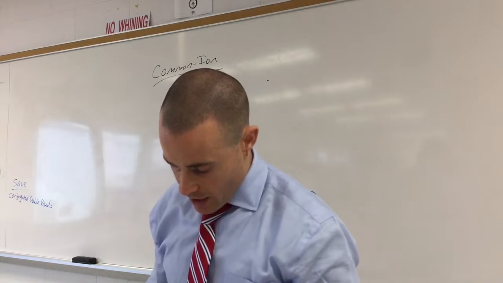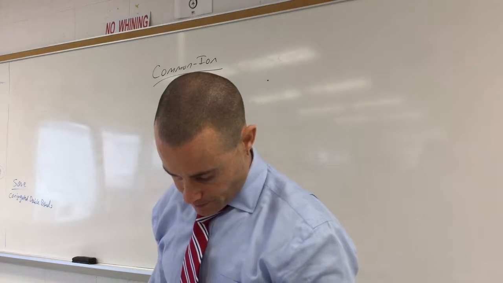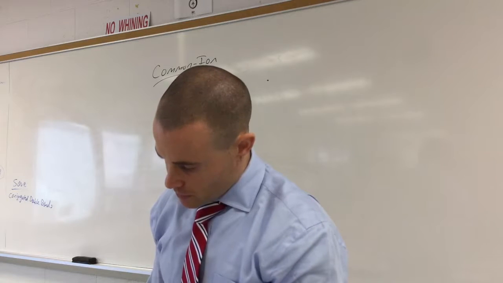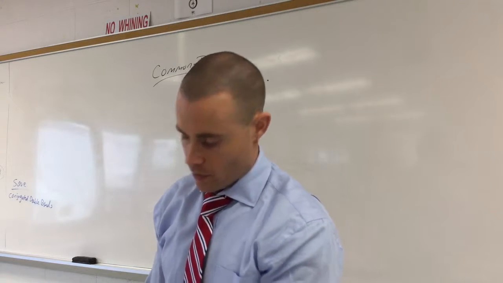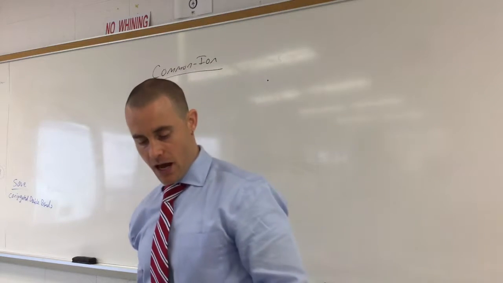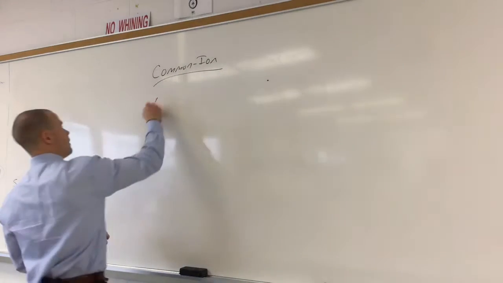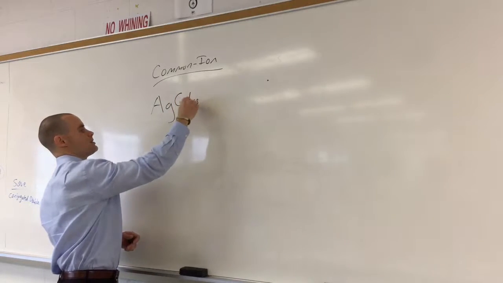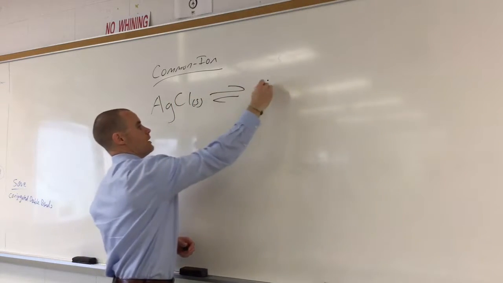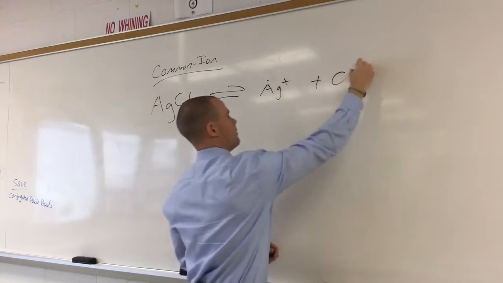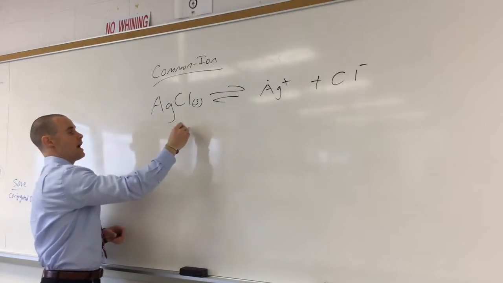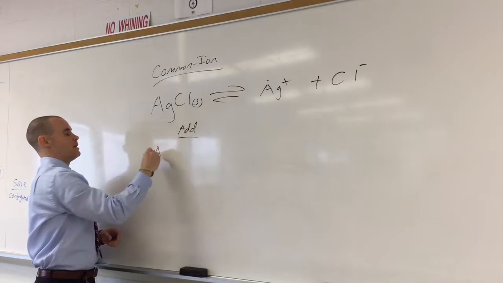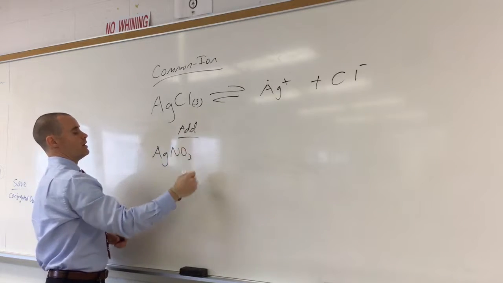Let's say we have a saturated solution of silver chloride. So AgCl solid, Ag+, and Cl-. Let's say we have a saturated solution of that, and then we add some AgNO3.